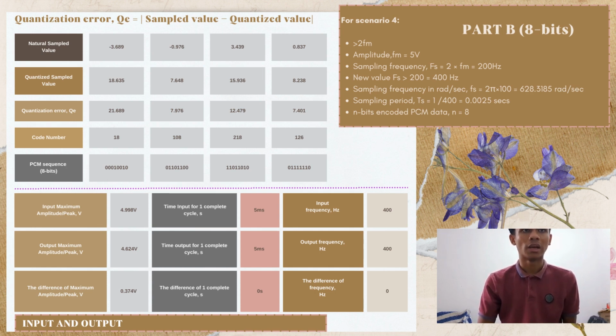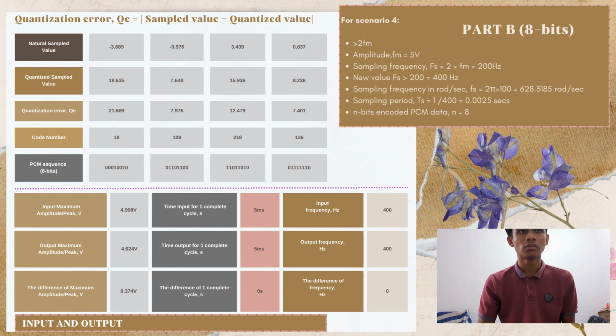We get the code number for number 1 is 18 with the PCM sequence 00010010. The code number 2 is 108, and the PCM sequence is 01101100. And our code number 3 is 218 with the PCM sequence 11011010.